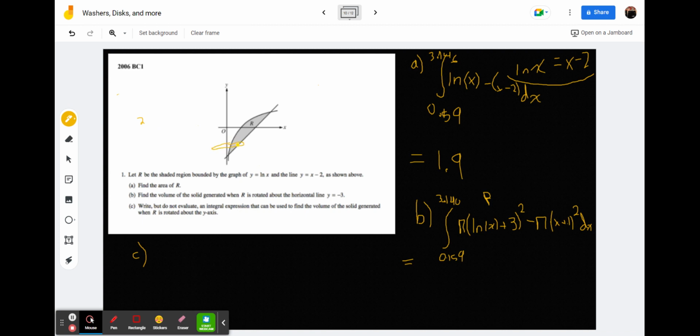So for the area of this outer disk, what we need to do is tilt it. Let's redraw our graph. This is x, this is y. It'll look something like this. So we need to take our disk area.